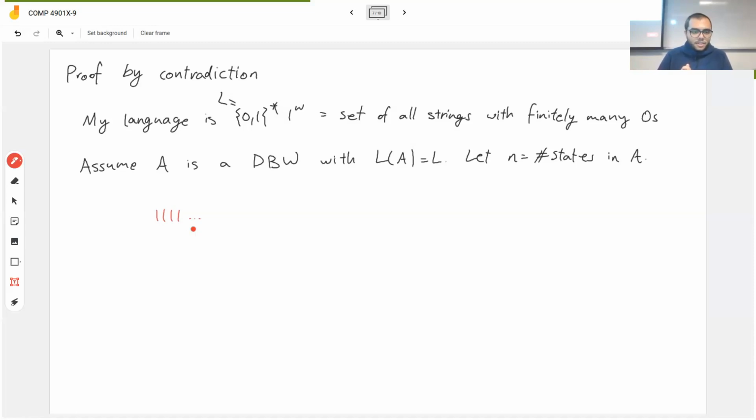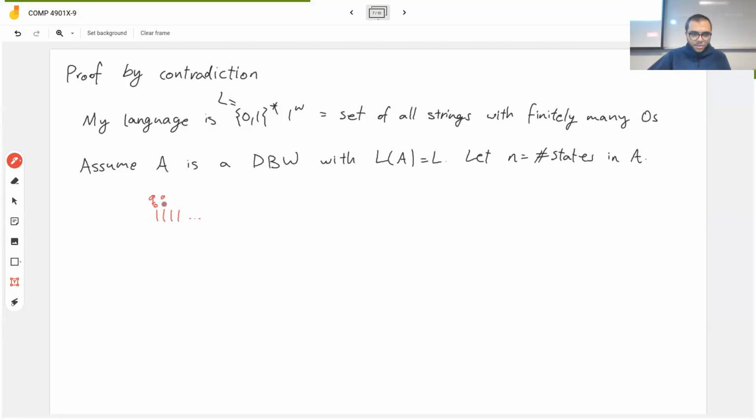Now, the other point I want to make here is that I can really talk about the run on this word instead of a run, because I'm talking about a deterministic automaton. So on every word, I have exactly one run. Let's say that I take the run on this automaton and I write the states that I reach at every point.